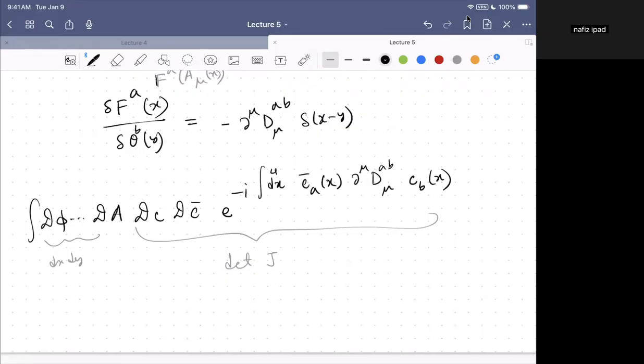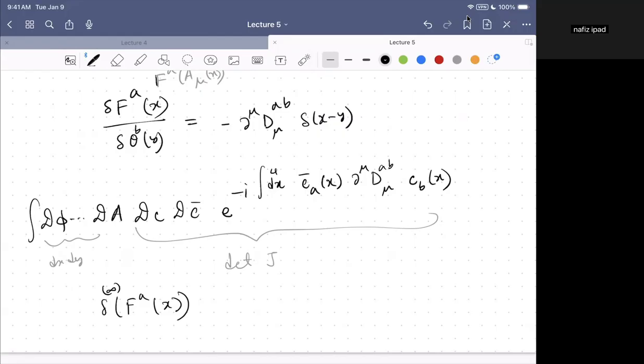And then we have a bunch of delta functions. We haven't really said anything about what we are going to do with the delta functions. So for now, let me just keep the delta functions as they are. But you have to remember that there are actually infinitely many, one for each point over spacetime and for each Lie algebra index. So this is a very complicated delta function, but a delta function nonetheless.